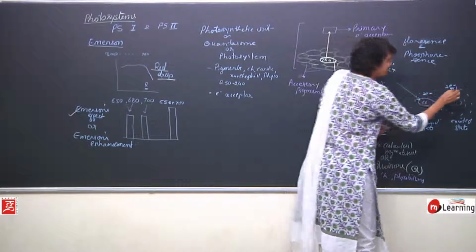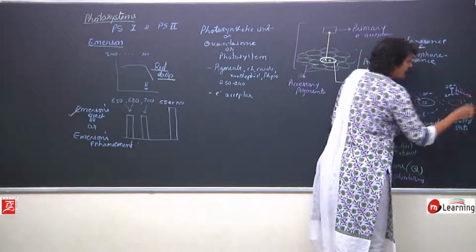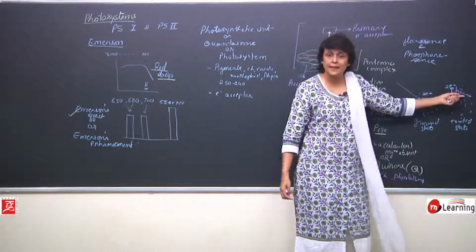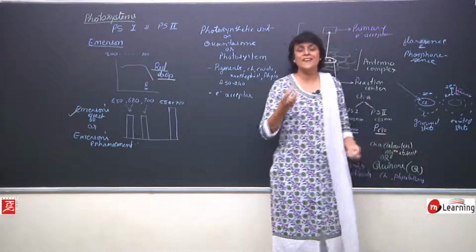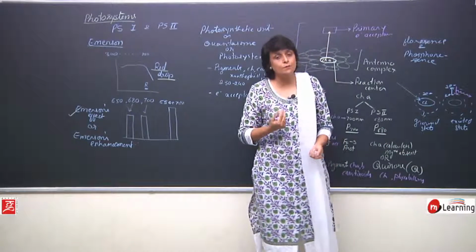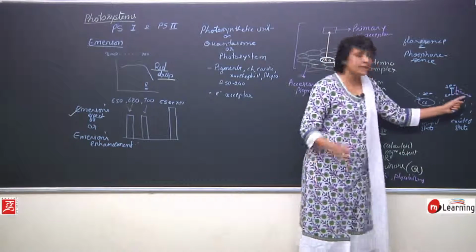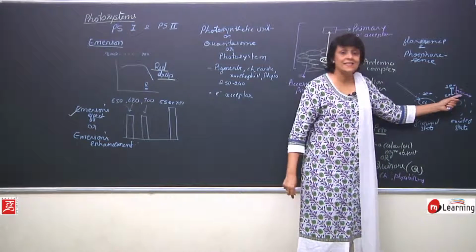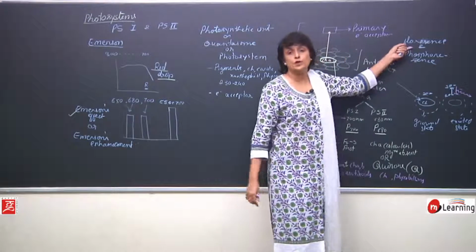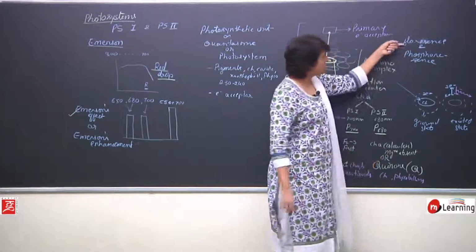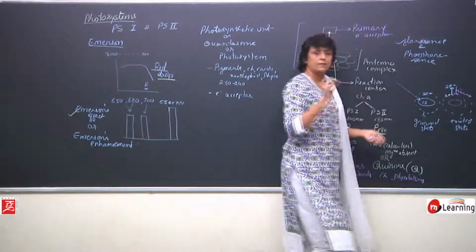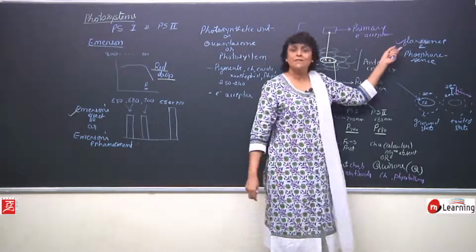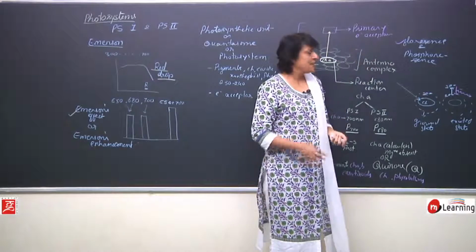That extra energy is emitted in the form of a wavelength again. Depending upon which wavelength is emitted, that is the color which we are going to see. So, there is a flash of light or wavelength which is given out, and we see it as fluorescence.